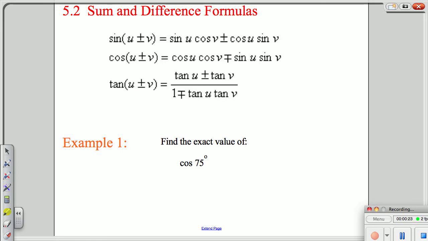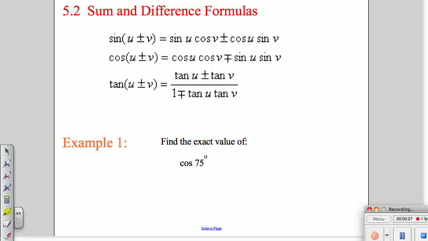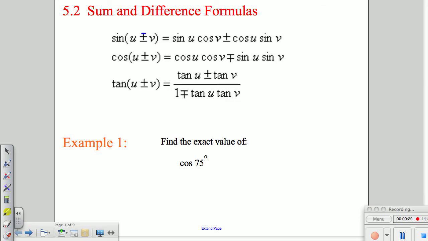Now the top one says sine of u plus v. So notice the plus is on the top. So if you're going to be doing the sine of u plus v, you're going to go ahead and use the top sign in the formula, which is also the plus.